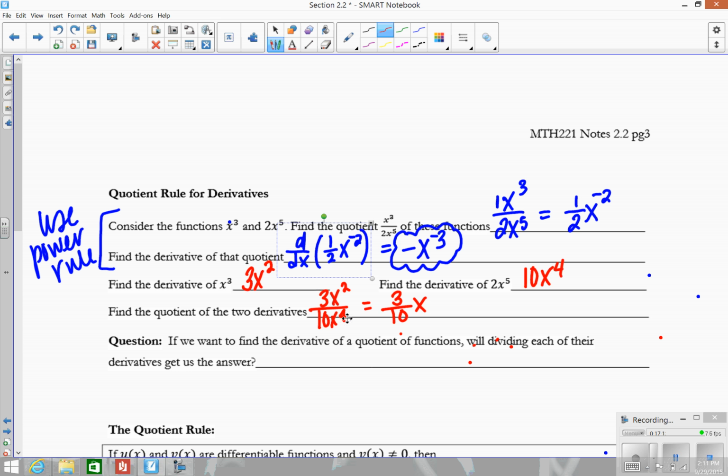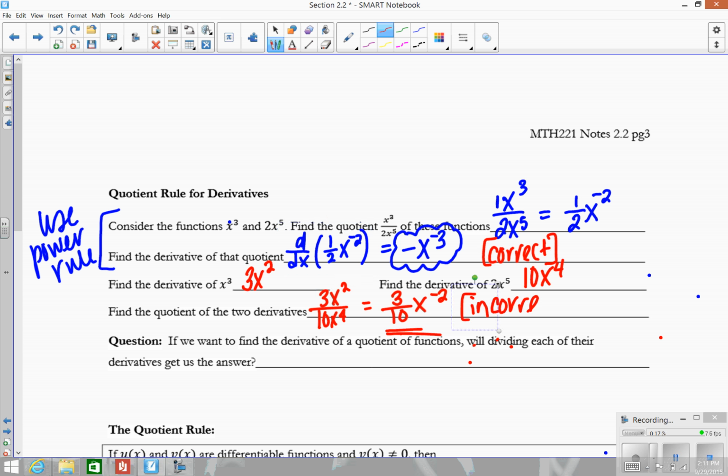Keep the x, subtract the exponent, it'll be negative 2. So for this is the answer when you take the derivative first and then divide, versus this is the answer when you divide, then take the derivative of that quotient. So this is the correct answer, and since this doesn't match, this is incorrect.